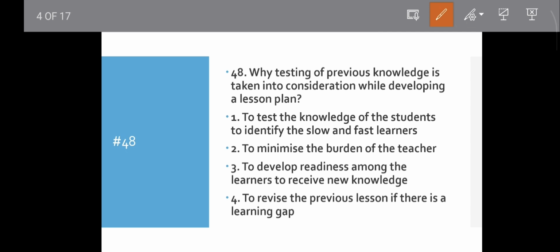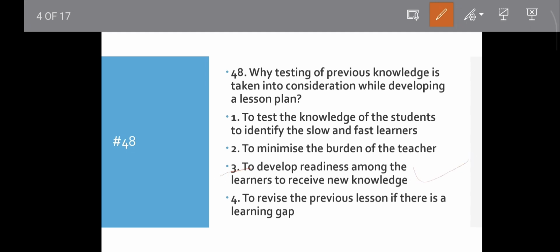Which one will be the correct answer? Previous knowledge testing helps connect older learning with new concepts, so it bridges the gap. It ensures mental readiness, so to develop readiness among the learners to receive new knowledge. Option 3 will be the correct answer.